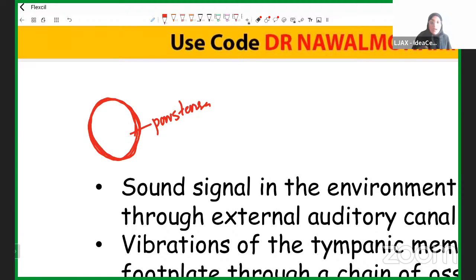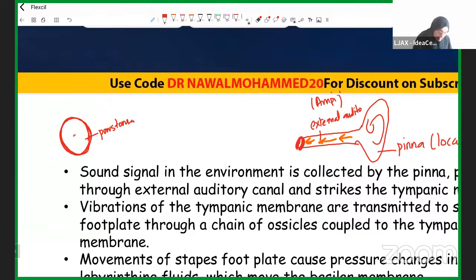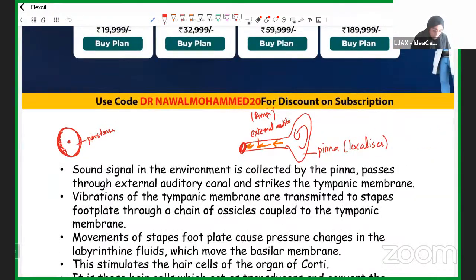When it vibrates, the sound doesn't hit the center of the pars tensa. It hits the periphery, so the vibration occurs from the periphery of the tympanic membrane. This vibration of the tympanic membrane is transmitted to the stapes foot plate through a chain of ossicles.